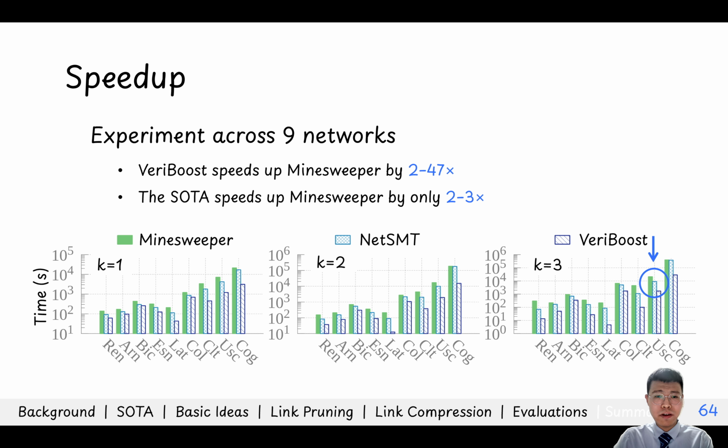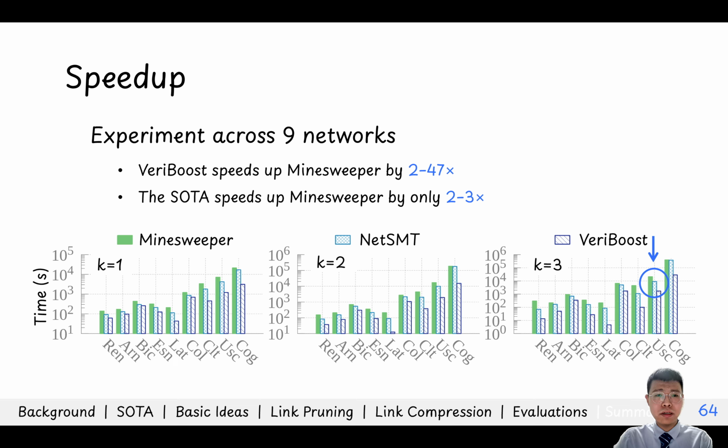Besides, to evaluate the speedup, we conduct experiments on 9 networks and vary the fault tolerance parameter. VeriBoost accelerates Minesweeper by 2 to 47 times, while the state-of-the-art method achieves only a 2 to 3 times speedup.